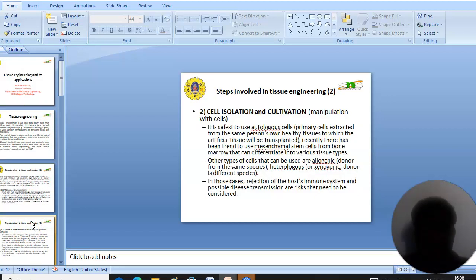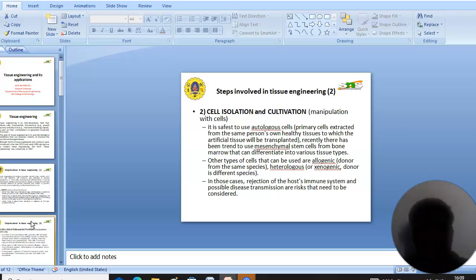The next will be the cell isolation and cultivation, which indicates the manipulation of the cells. In this, after the cells are isolated, they are allowed to grow in the medium, and then applied on the scaffolds.